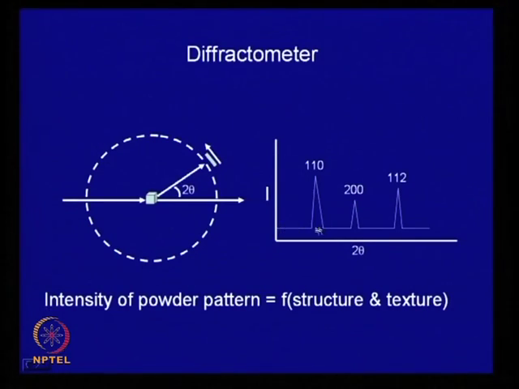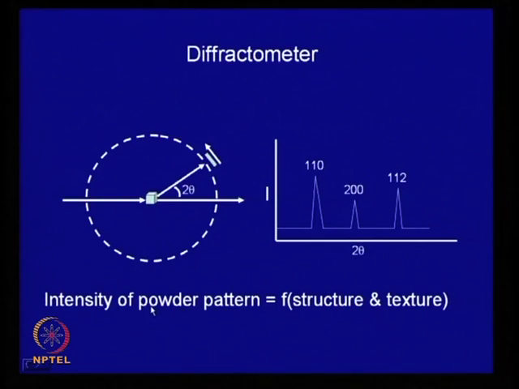At certain places you will find that suddenly you get a very intense peak, and the intensity of these peaks is a function of several factors. Apart from the indices of the plane, it depends on the reflecting plane, it depends on the arrangement of grains in this particular material.